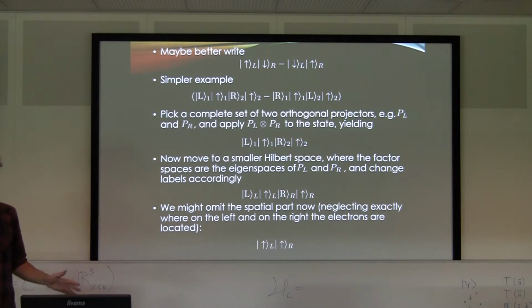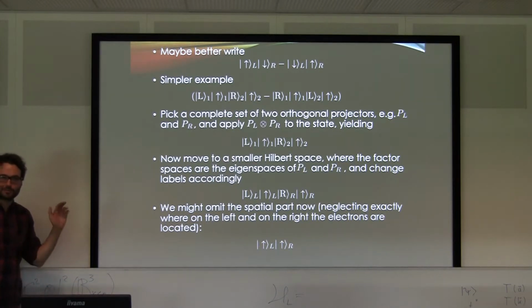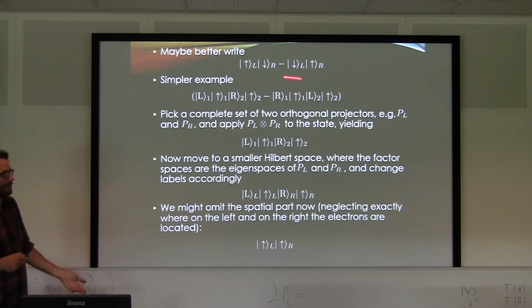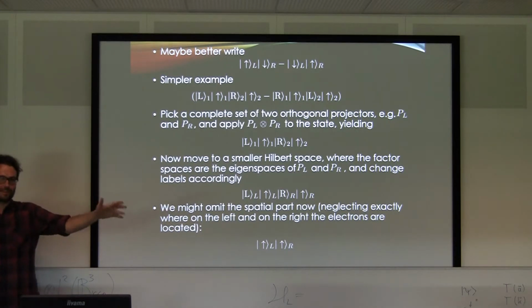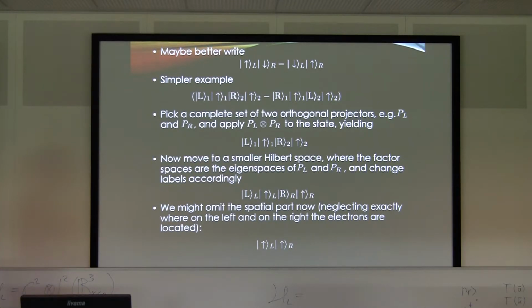I think all the literature is fine because you can just translate these kind of states, which are usually written down, back to full two-electron states if you want, but it makes it more complicated to do. If you write down the operator to measure the left particle, you have to have a symmetric operator on Hilbert space 1 and Hilbert space 2. So it's more complicated, and this is just way simpler to do, and I think it's completely fine to do it in that way.